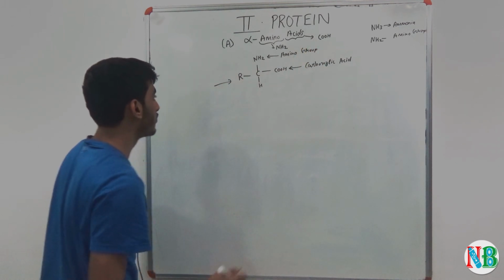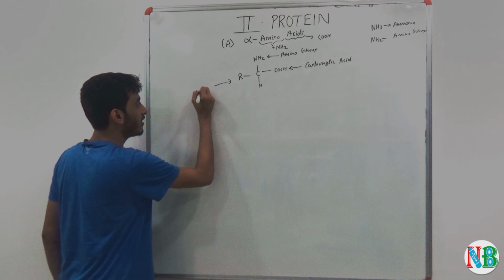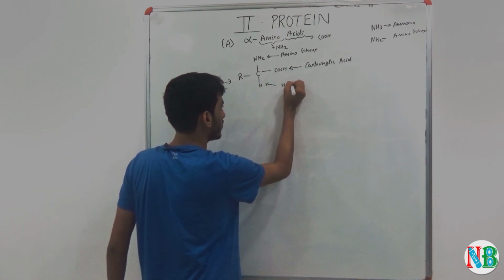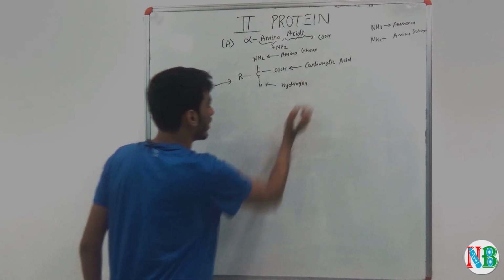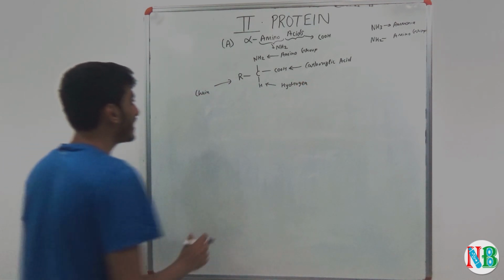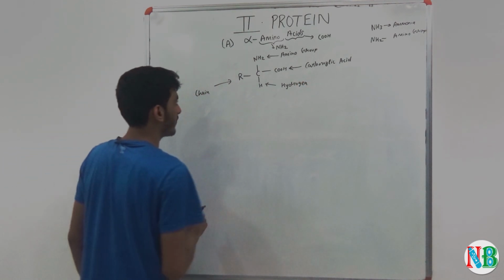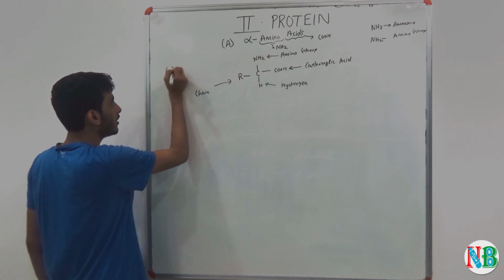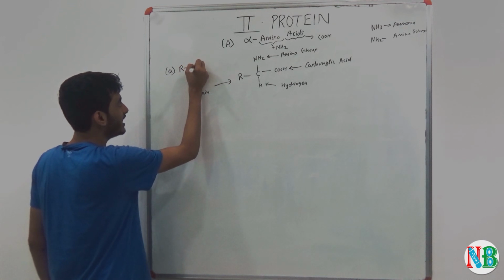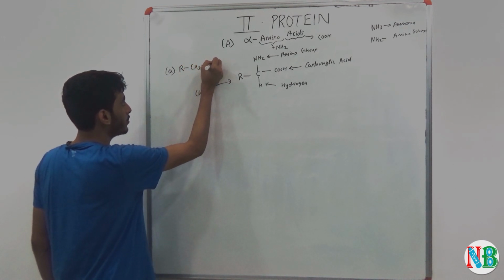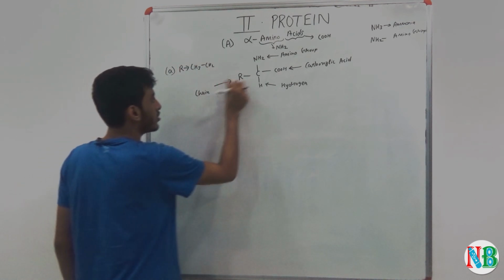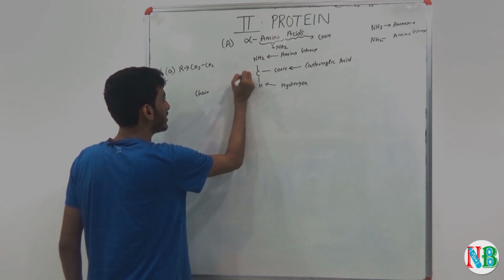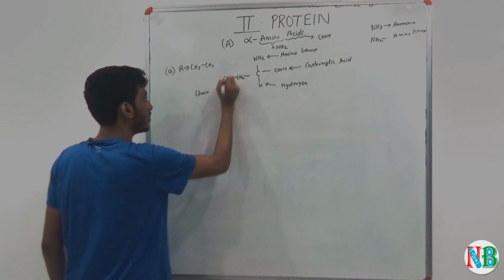The R group is a chain and H is the hydrogen. Okay, so suppose I take an example for R. Suppose for an example we take R equal to CH3CH2. So I'll just replace this R with the ethyl group and it looks something like this. That's good.